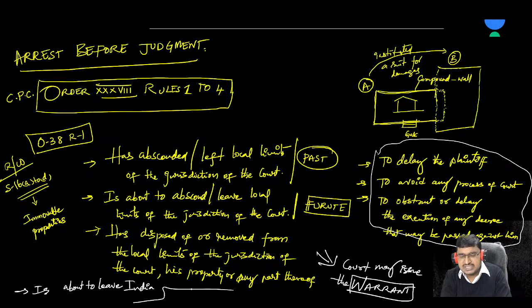Here this means that it is a movable property, friends. Or he is about to leave India. Under these circumstances, on application filed by the plaintiff under Order 38 Rule 1, the court may issue a warrant.